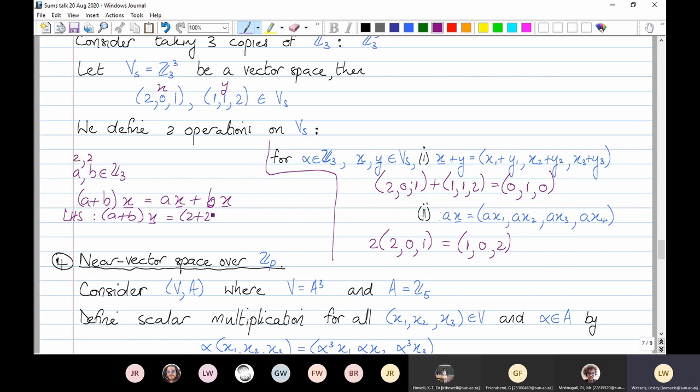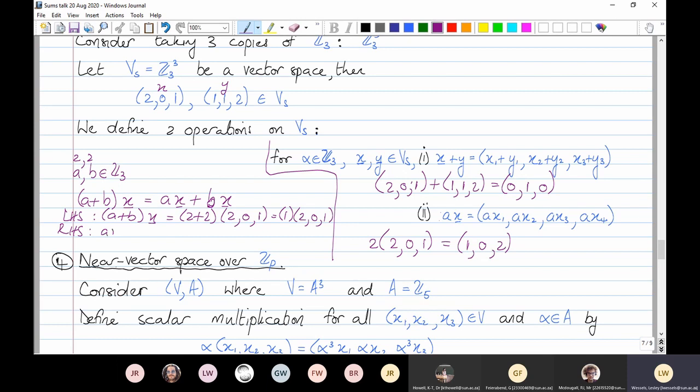So let's say I'm taking 2 plus 2 times (2, 0, 1). 2 plus 2 in Z3 is equal to 1. So I'm just multiplying 1 times (2, 0, 1), and I get the same answer.